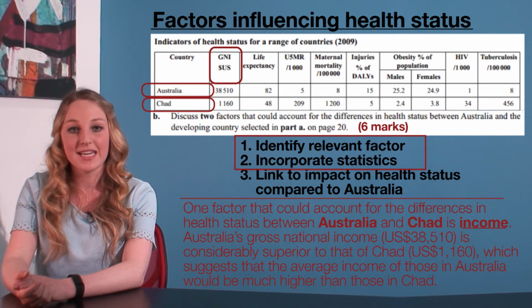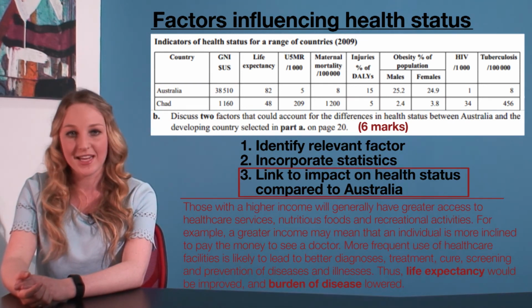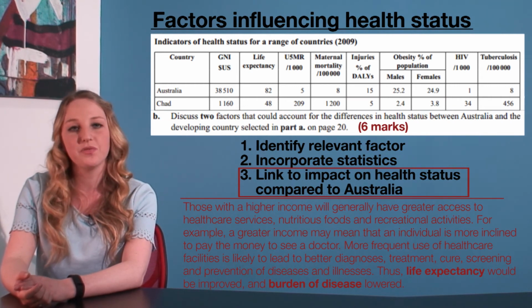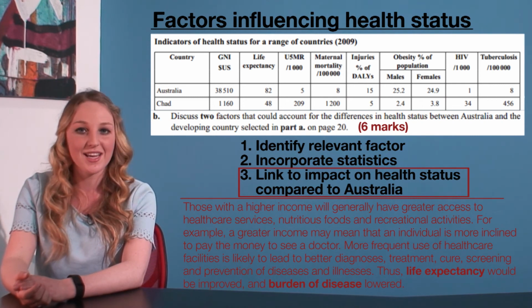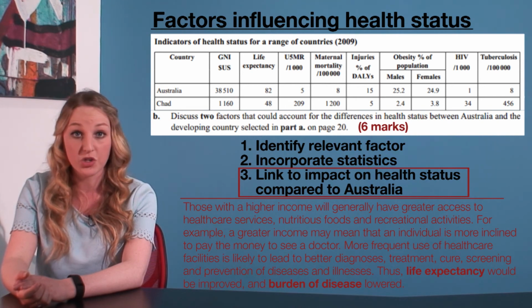Next, we need to link income to health status. We could say, those with a higher income would generally have greater access to healthcare services, nutritious foods, and recreational activities. For example, a greater income may mean that an individual is more inclined to pay the money to see a doctor.